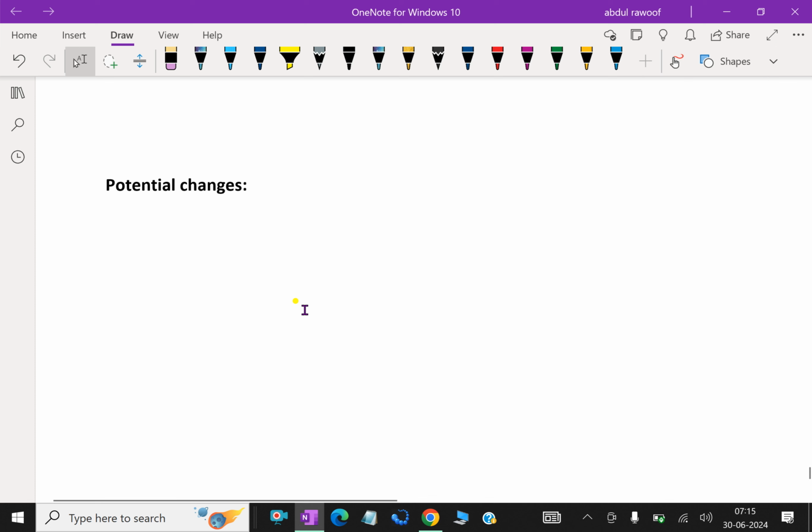Potential changes. What are potential changes? The potential difference across a resistor R through which a current I flows is, by Ohm's law, V equals IR. The end of the resistor at which the current enters is the high potential end. Current always flows downhill from high to low potential through a resistor.